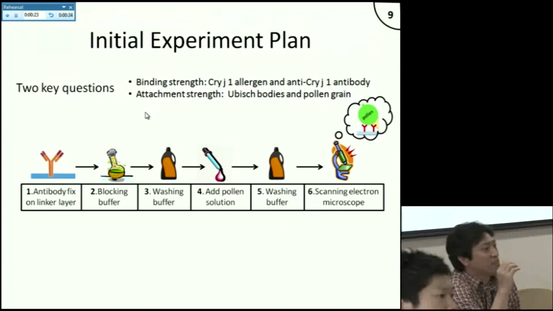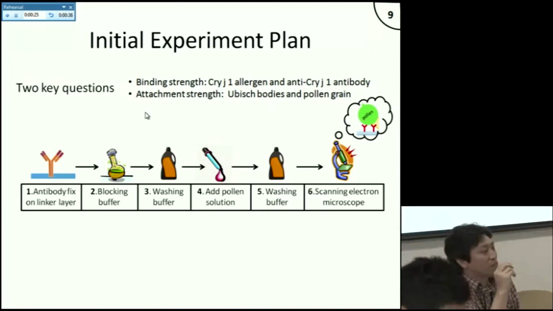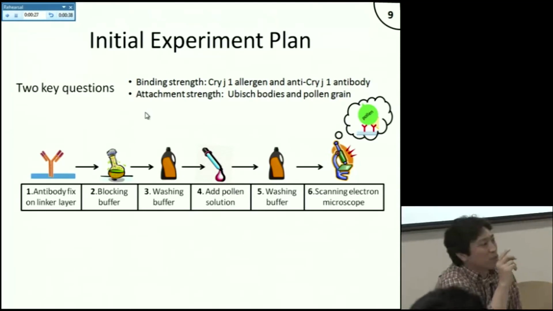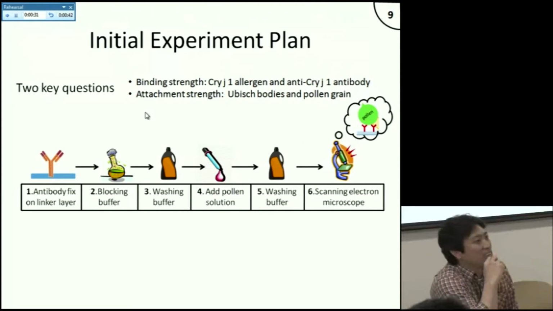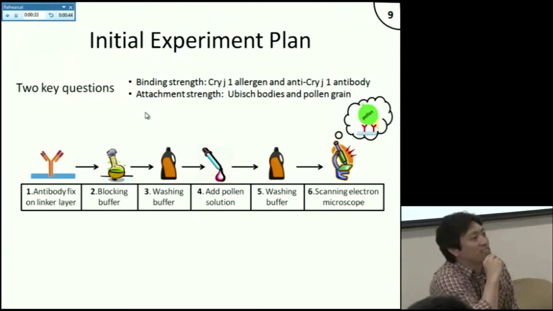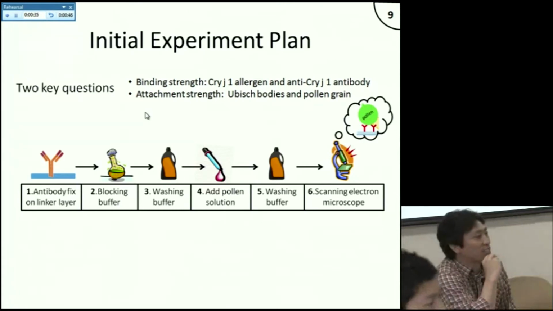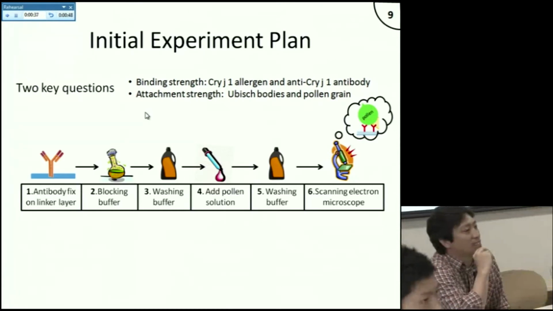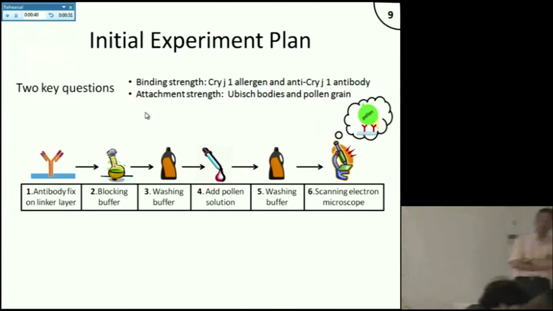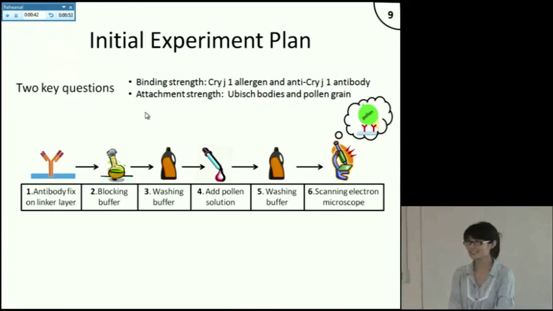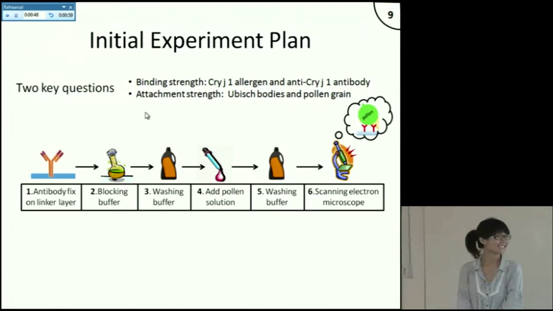To get a precise image, you use a scanning microscope. Thank you very much. We have a digital microscope. Very easy to see. Thank you very much.